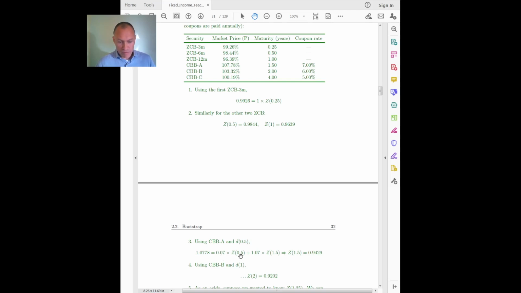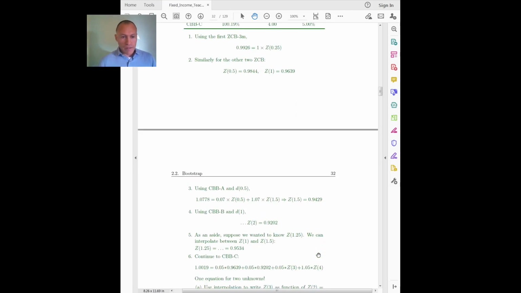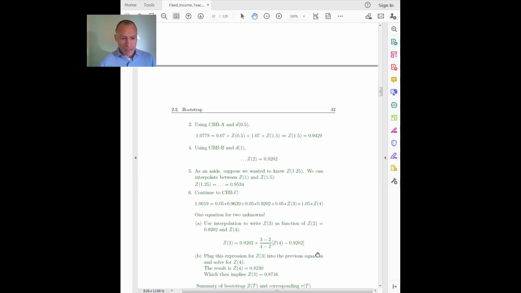That's going to happen 6 months from now, and I'm going to use the discount factor that is already determined for 6 months. And then I have another cash flow of face value plus coupon at 1.5 years. This is the unknown that I have, the discount factor for 1.5 years. Solving this equation gives me this discount factor for 1.5 years. And then I keep doing this for the remaining bonds that I have in the sample.